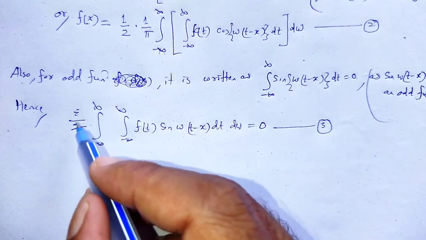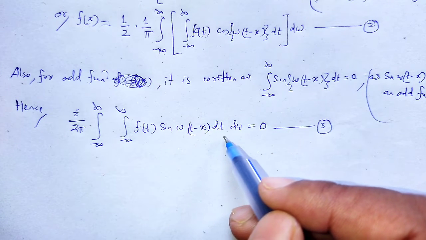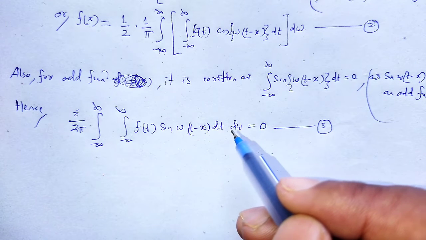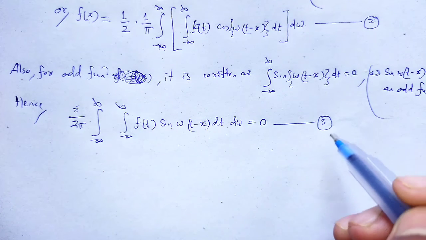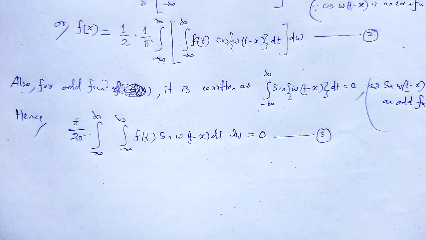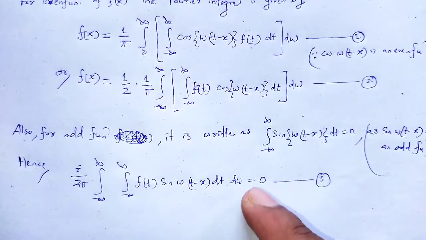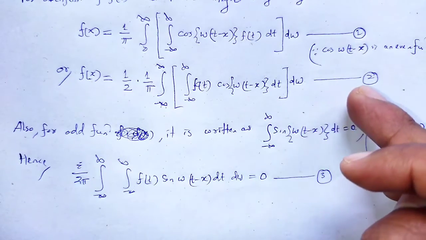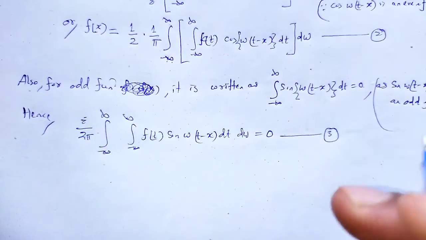This is equation 3. Just add equation 2 and 3. Due to that, the value will be 0. When we add equation 2 with 3, there will be no such change of the given function.